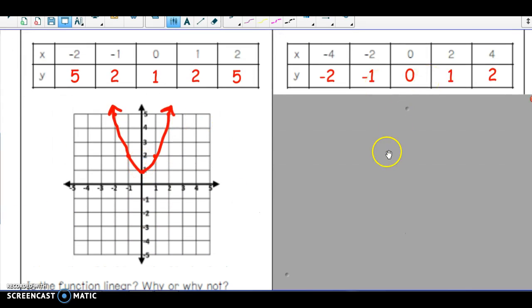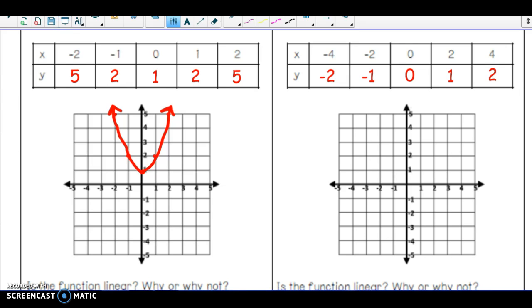So if we take our values and we plot them, we're at -4, -2, we're at -2, -1. Get rid of that little dot there I made by mistake. Let's see, we have to go to 0, 0.